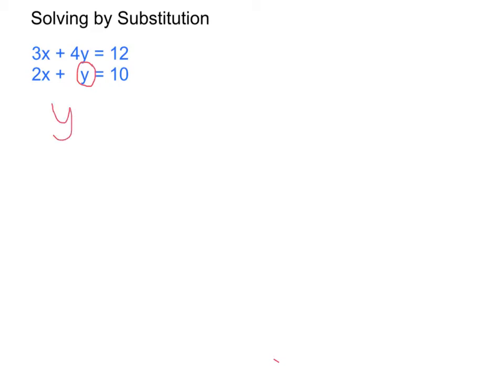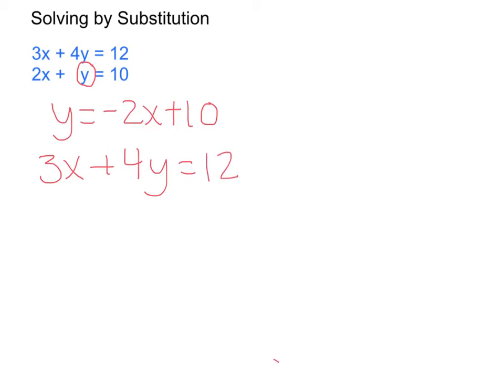The only thing I would have to do to isolate the y in the second equation would be to subtract 2x from both sides. The reason why I do this is so I can make a substitution into the first equation. You see how I have y's in both equations?